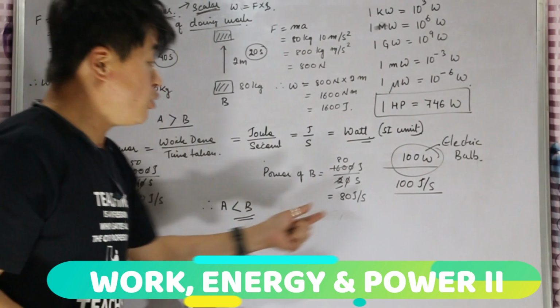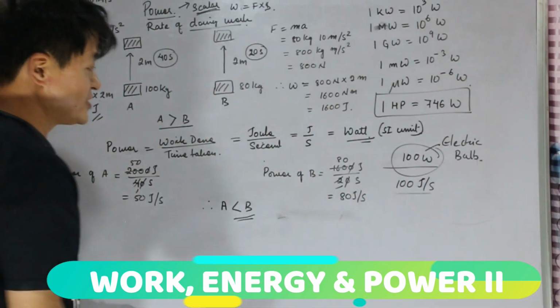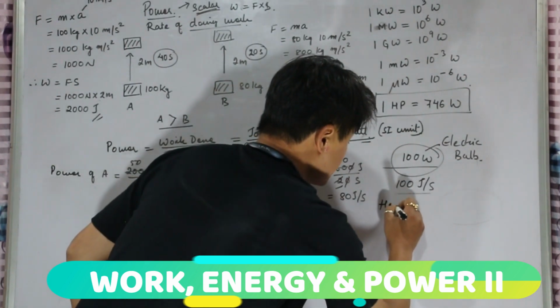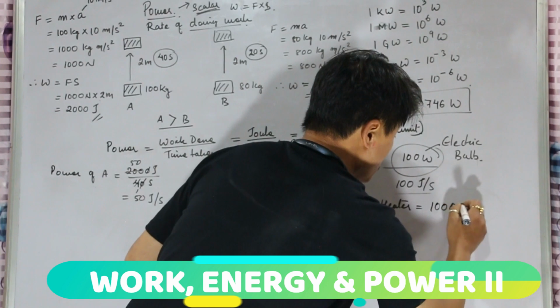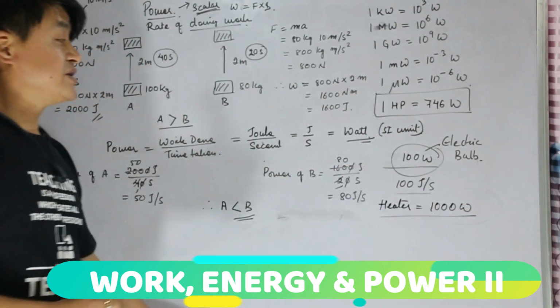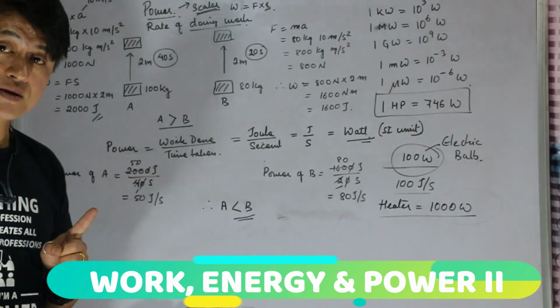This bulb does 100 joules of work in 1 second. Similarly, if the power of a heater is 1000 watt, this means that the heater does 1000 joules of work in 1 second.